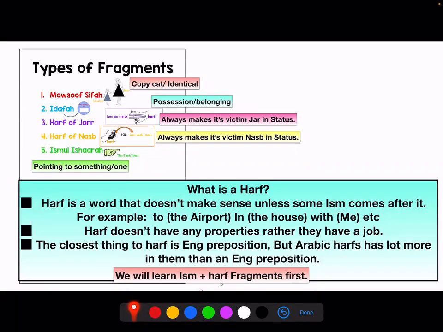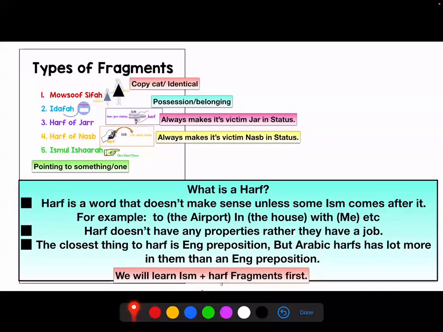So after harfu jar, what are we expecting? Always an ism after it, and that ism should be in jar status always. Okay, so this is again 100%. So whenever we have harfu jar, we are expecting an ism after it, and that ism will be jar in status.